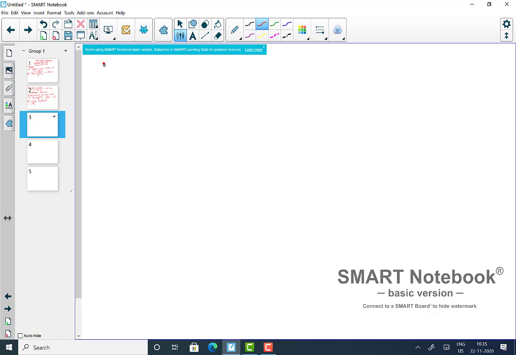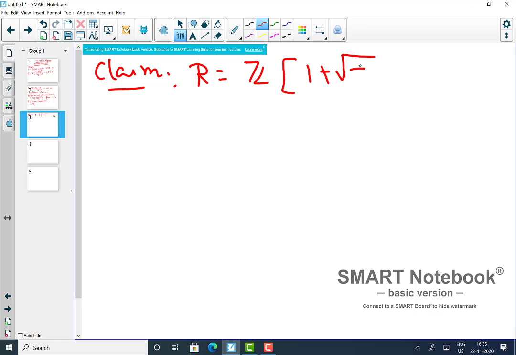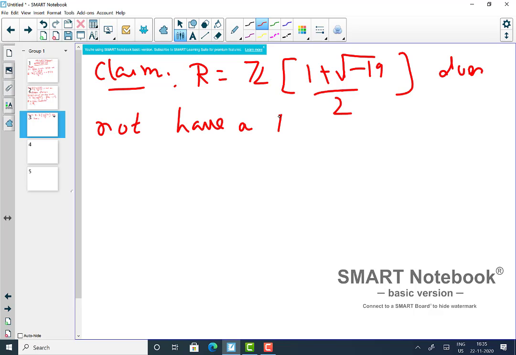So this claim: this ring Z[(1 plus root minus 19)/2] does not have a Euclidean norm. What does that mean? That means it cannot be a Euclidean domain, right? Because to be a Euclidean domain, it must have a Euclidean norm.